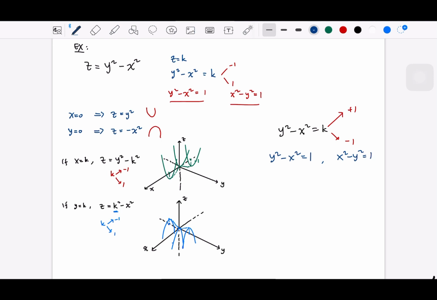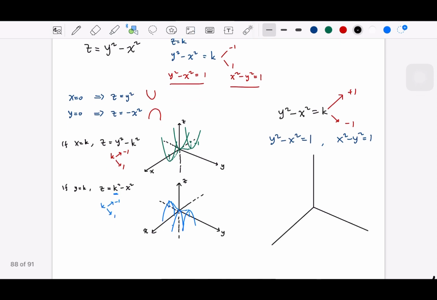And if we take that into graphs, now we can take z as k, right? And we can take that as 1 and negative 1.